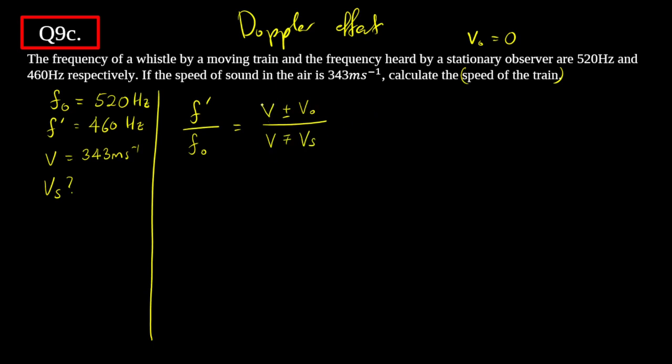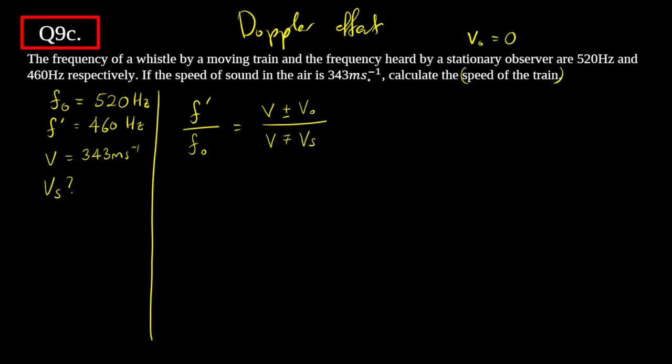The V simply means the speed of sound, VO is the velocity of the observer, and Vs is the velocity of the source, being the train.